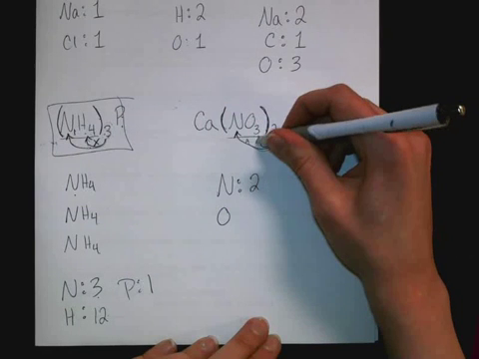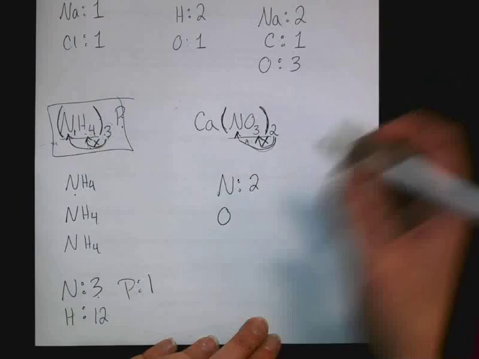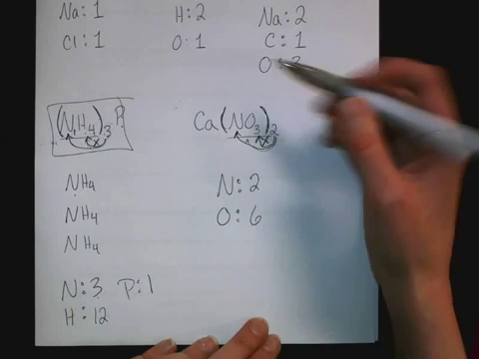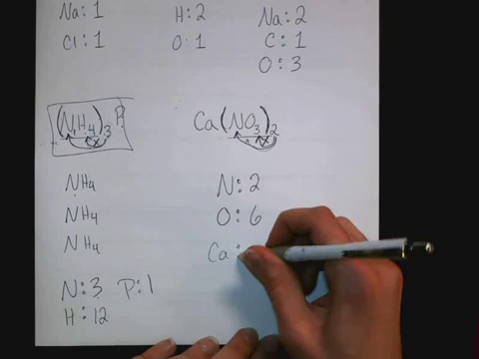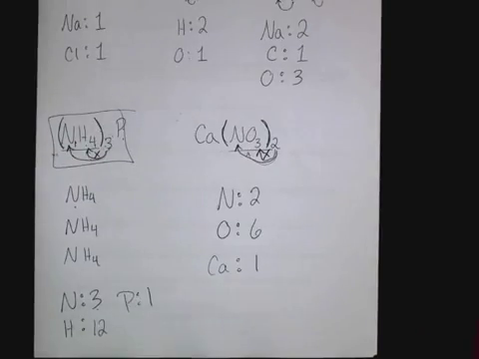My oxygen, this 2 times the 3, 2 times 3, that gives me 6. And if I look at the calcium, I don't have any number in the bottom right corner, so my calcium is just 1 atom.